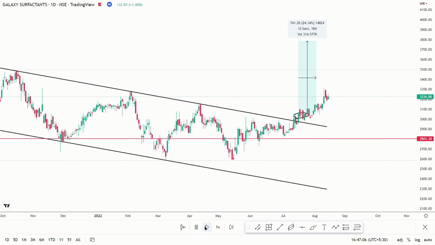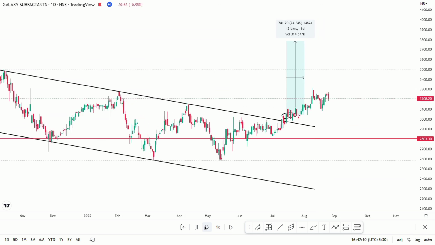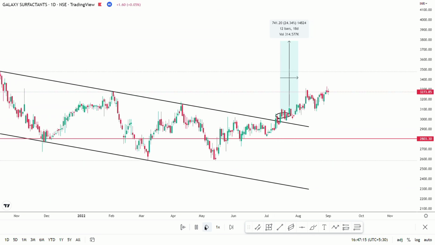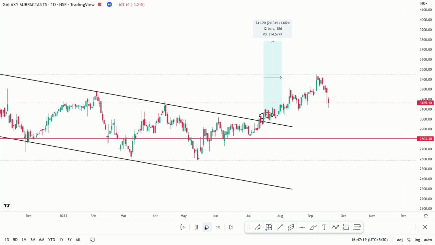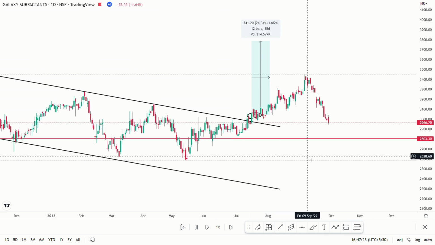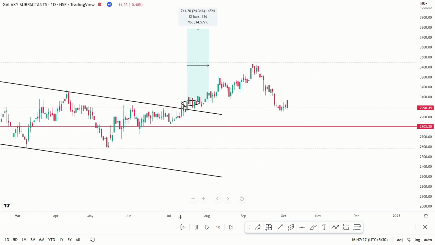Okay, that stock has moved toward our target zone, and we are in profit in this stock. Okay, let's see. Okay, this stock has given us a 1:1 risk reward ratio as of now, and then a downfall. Okay, let's see.